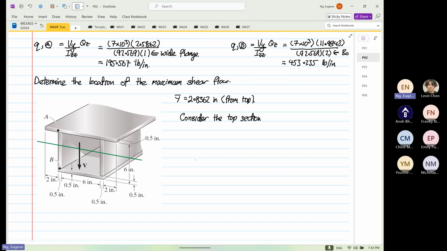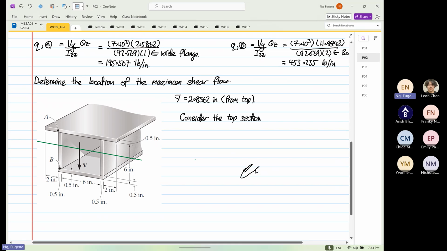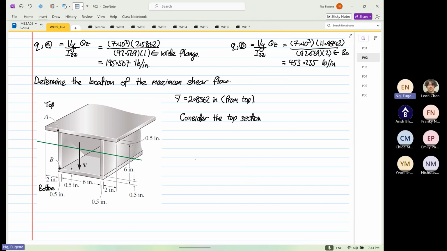Wait, all of a sudden my pen doesn't want to write. So this is our top. And over here, this is our bottom, right? So again, everything is the same. Consider top, and we know that this is a box beam, right? It's going to be a box beam analysis.